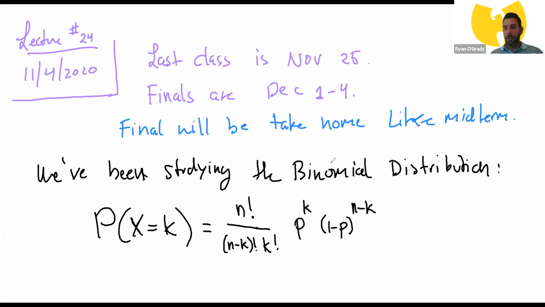So just a reminder that this is the probability of K successes in N trials.